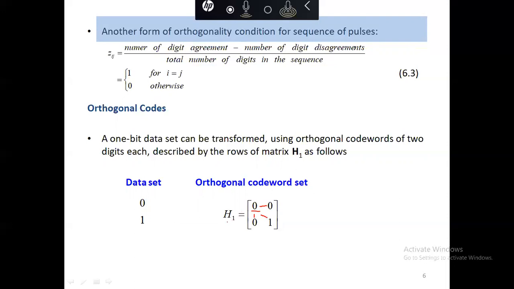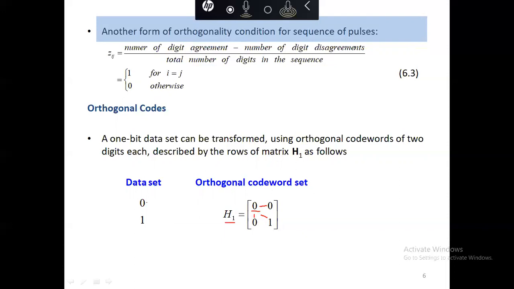In that way you can generate the first Hadamard matrix. So these two sequences are orthogonal, and how can you check it? You check the number of dissimilar bits 1, and number of similar bits 1, and the total number of bits 2. So 1 minus 1 divided by 2 is equal to 0. It means that these two are orthogonal sequences.